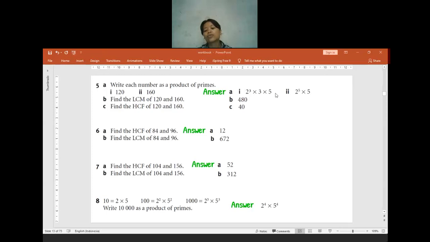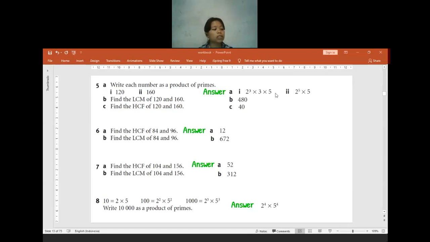So it means your factor tree is already correct, because for 120, you can start with 2 times 60, or 3 times 40, or maybe 4 times 30, 5 times 24, and 12 times 10. There are so many options to start with the number 120.